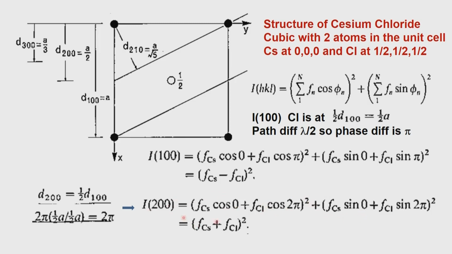So, when you put these values in, you will see that this turns out to be f Cs plus f Cl, squared. The only interesting point here is that we have to see the corresponding sin theta by lambda value which will come for d 100 and the corresponding sin theta by lambda which will come for 200, and read out the corresponding f Cs and f Cl values.